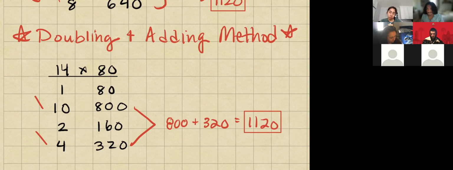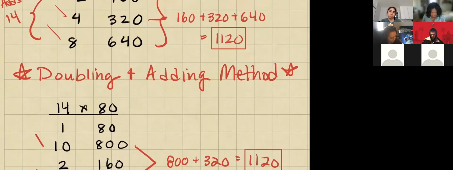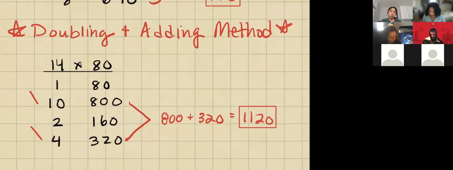Technically, you could do 1 14 times, right? It would eventually get you to what you need, but I feel like that defeats the purpose here. Okay, so stick to the methods we're practicing and then we'll see what other things we can think of.